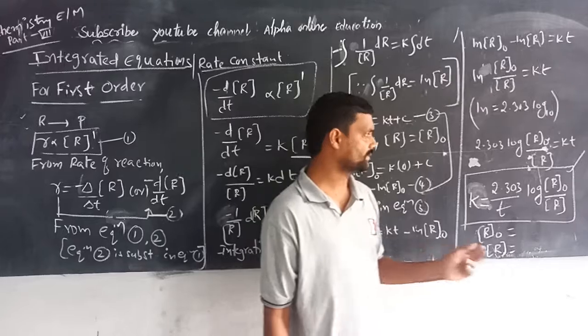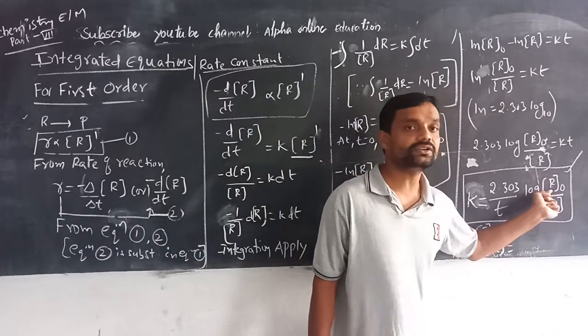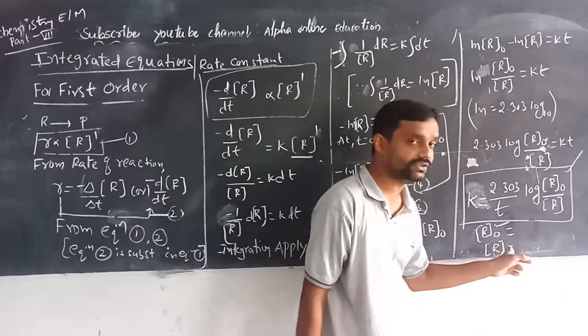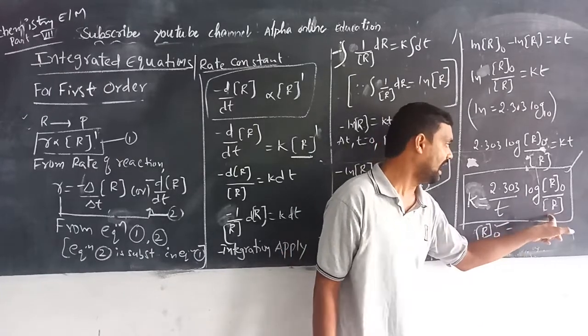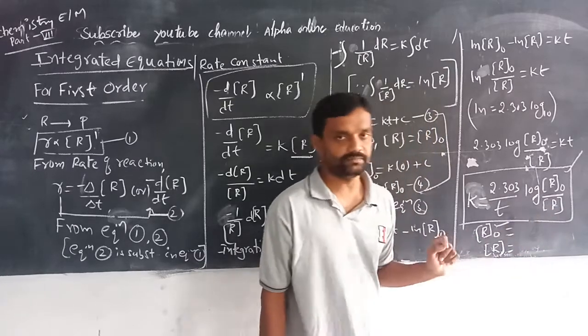Same concept: R naught is the reactant concentration at zero time, another meaning of which is the initial concentration of the reactant.